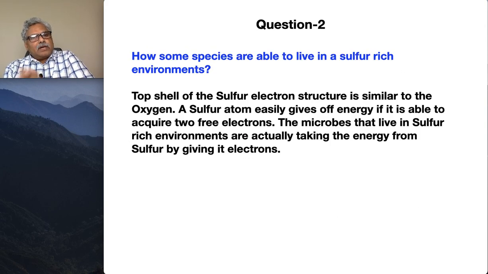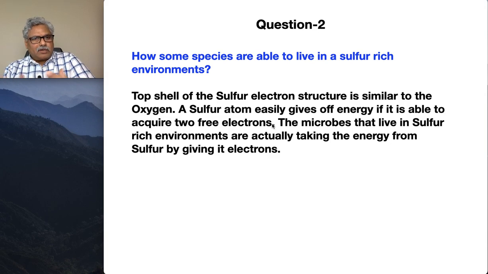So how are some species able to live in sulfur-rich environments? And the second question we asked in the beginning: the top shell of the sulfur structure is similar to the oxygen atom. It has a 3p4. A sulfur atom easily gives off energy if it is able to acquire two free electrons.